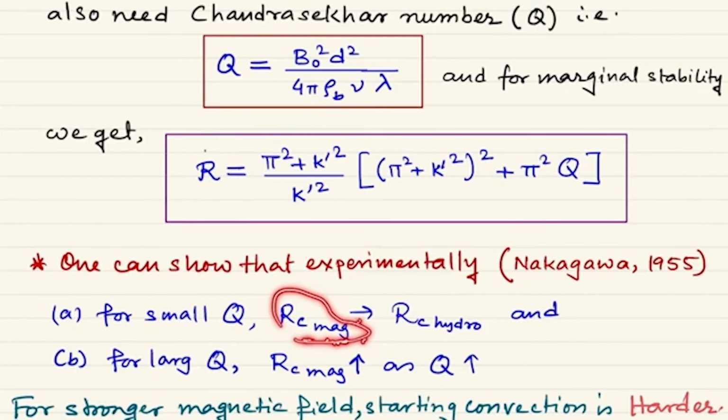But for large values of Chandrasekhar number, when the Chandrasekhar number increases, the magnetic critical Rayleigh number also increases in a monotonic way.